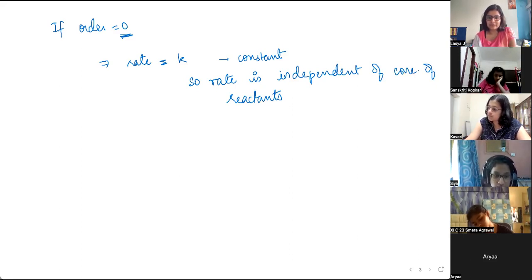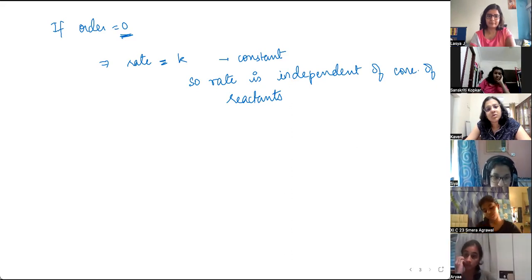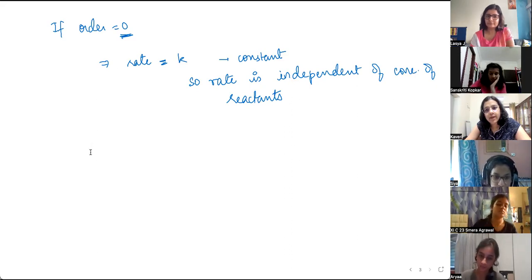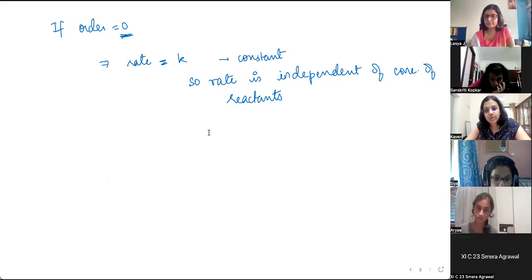So examples, let me look up. I don't understand, if x and y, which we found experimentally, are 0, then how is rate independent of concentration? Because there's no exponent x and no exponent y.